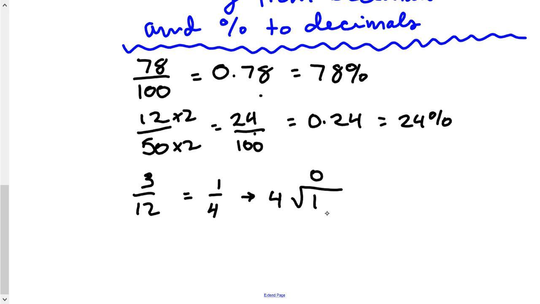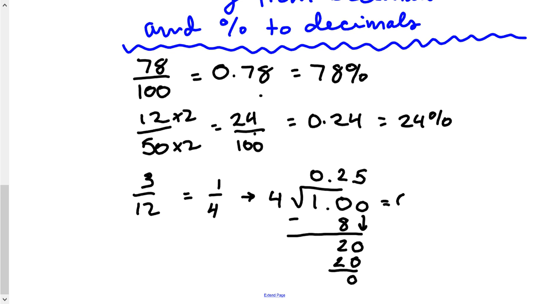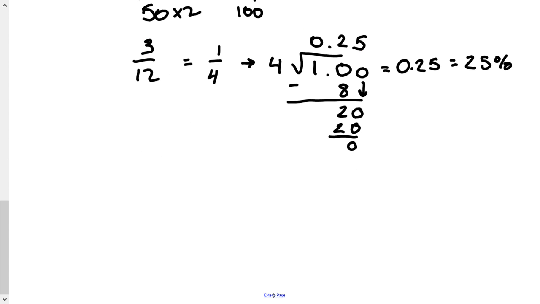We can't divide it into 1, so we put a 0 and a decimal, bring the decimal up. 4 goes into 10 2 times. 10 subtract 8 is 2. We add another 0. 20 and 5. 4 times 5 is 20. 0. So this equals 0.25, which equals 25%. Could you just throw this into your calculator and get a decimal? Absolutely. Either way works.